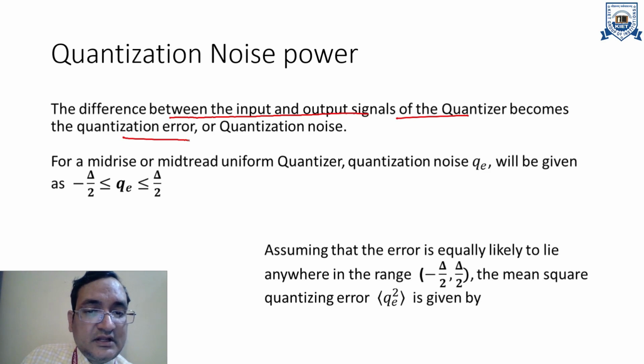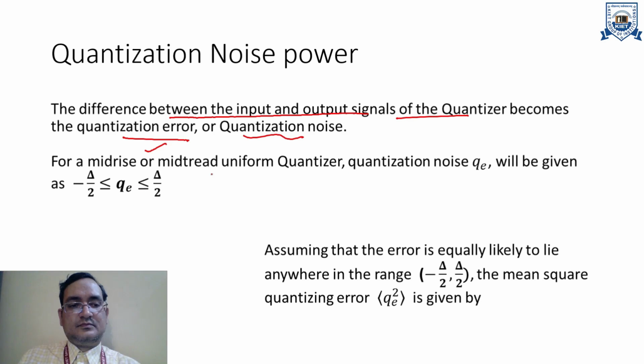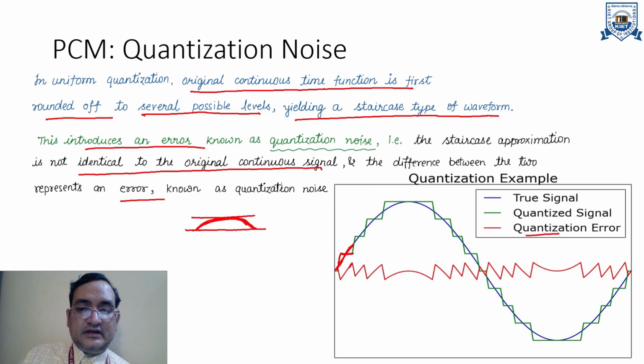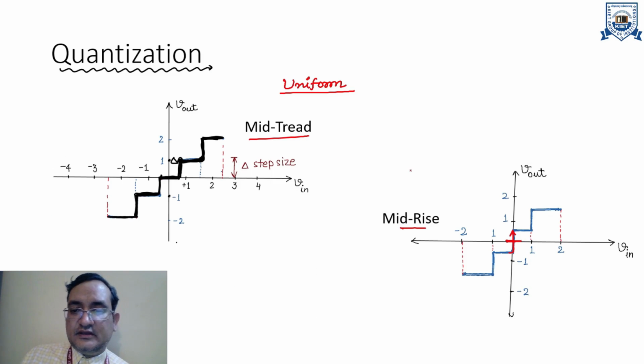Now if I am considering a mid-rise uniform quantizer, the step size is very important. Going to the previous slides, you can clearly see that this is the mid-rise. If the step size is delta, then this point will be plus delta by 2 and this will be minus delta by 2.